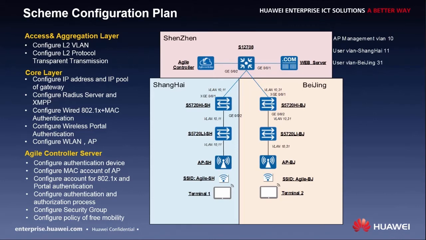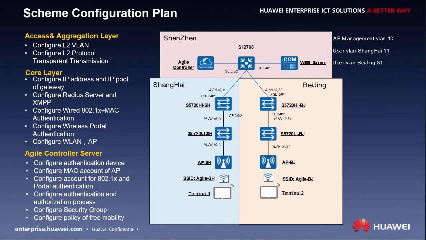Next, let's move on to the detailed configuration procedure of free mobility. We only need to configure VLANs for access and aggregation switches. If 802.1x authentication is used, Layer 2 protocol transparent transmission needs to be configured to transmit EAPOL packets from terminals to core switches.